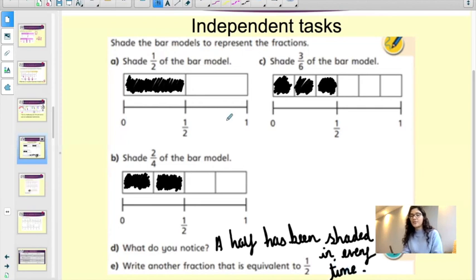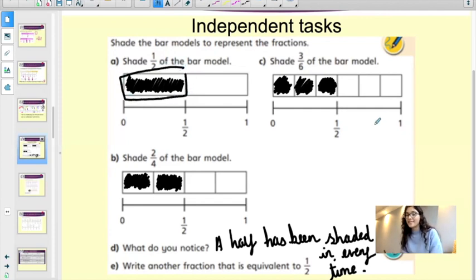And you can see that in each fraction, a half has been shaded, because out of 2 parts, 1 has been shaded, and 1 is half of 2. Out of 4 parts, I've shaded in half of 4, which is 2. And out of 6 parts, I've shaded in half of 6, which is 3. So write another fraction that is equivalent to 1/2. All you have to do is just see what bar is the same size as this bar, which is 1/2.